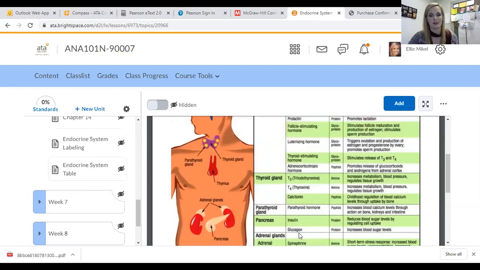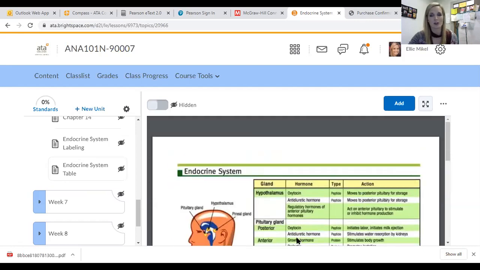So there are all of our different hormones on a table for you guys if that's something that you want to reference. It might be helpful. And I do recommend, even if you use this as a guide, the way that I first studied the hormones that I thought was pretty helpful, I tried to create a table like this just from memory. It's really a great way to study.